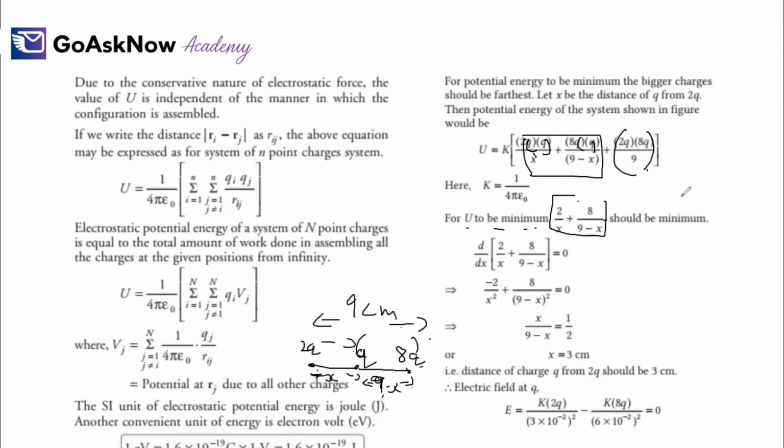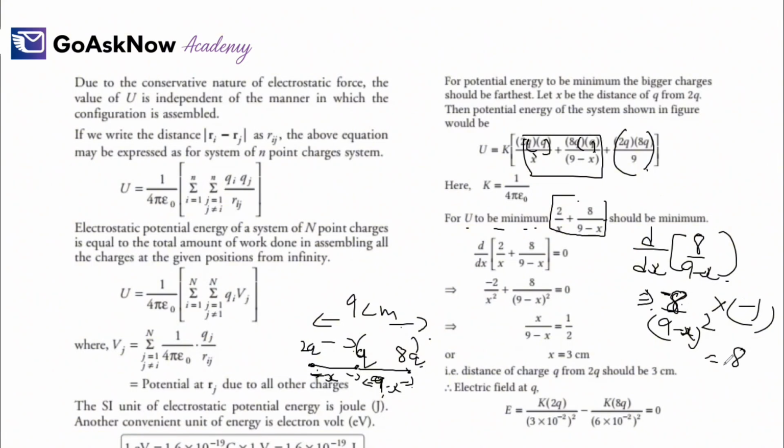If you do d by dx of 8 upon 9 minus x, the result is minus 8 by 9 minus x whole square, and the differentiation of minus x is minus 1. That is why you get the result as 8 upon 9 minus x whole square. That is written here also, and it will be equal to 0.